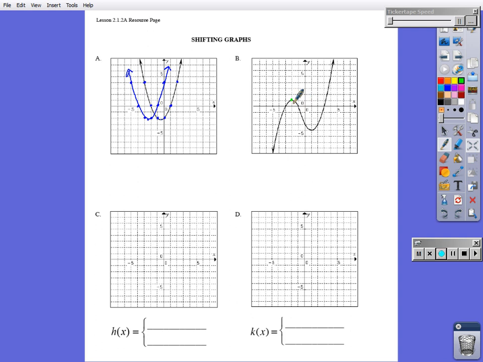Again, define those points ahead of time. My 2 vertices here are on grid lines. My x-intercepts are perfect too. So I'm going to move them right 1 and up 3. I can do that simultaneously. Right 1, up 3. Right 1, up 3. Each point gets moved like that. I even think my y-intercept there is a good one.